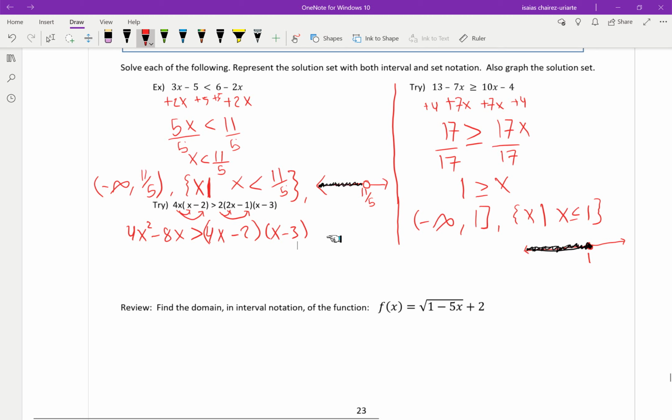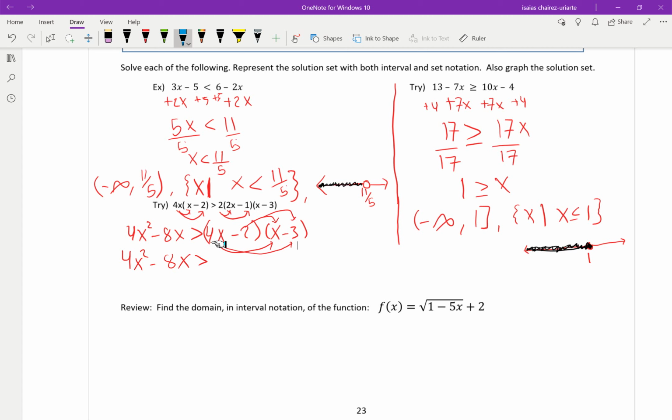So this is going to become 4x squared minus 8x bigger than. Now I gotta do the following. I gotta do 4x times x, 4x times 3, and then 2 times x and 2 times negative 3. That's what I gotta do.